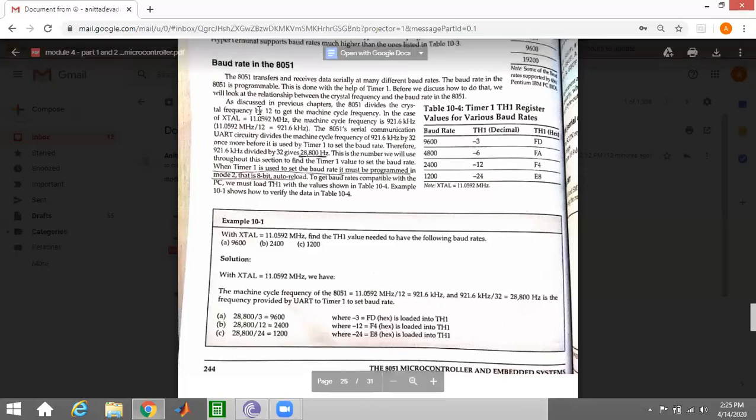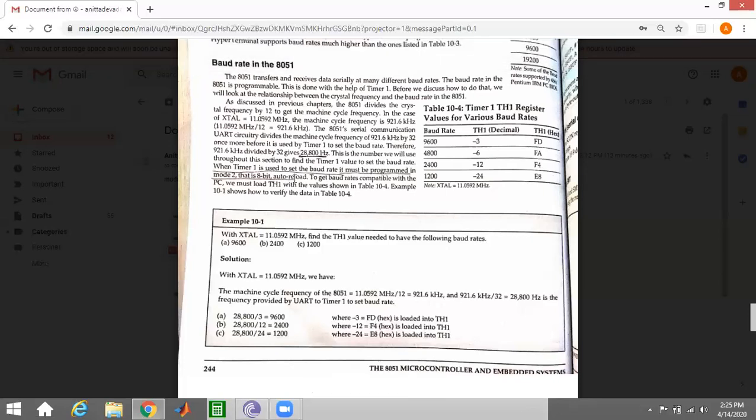Here, what we need to calculate is the baud rate, like how it will operate in a certain time period. For that, we have another formula that is only for 8051 serial communication. Yesterday we were studying what communication? Parallel communication.